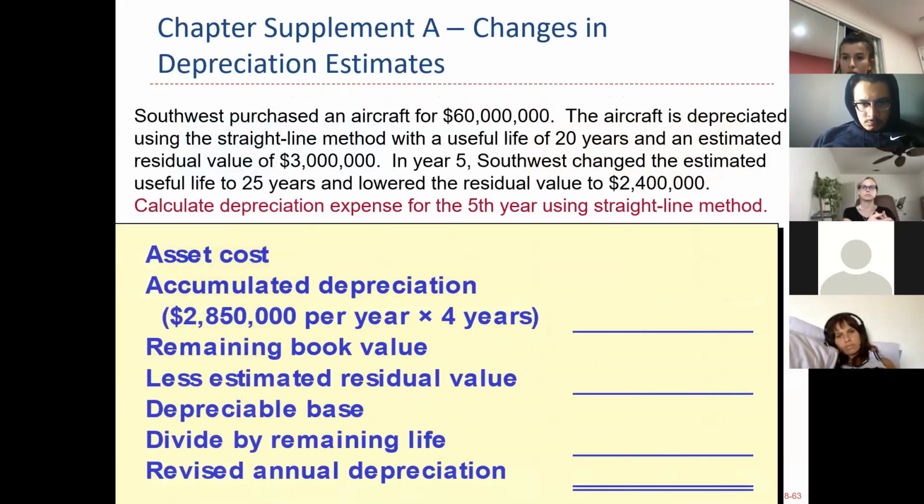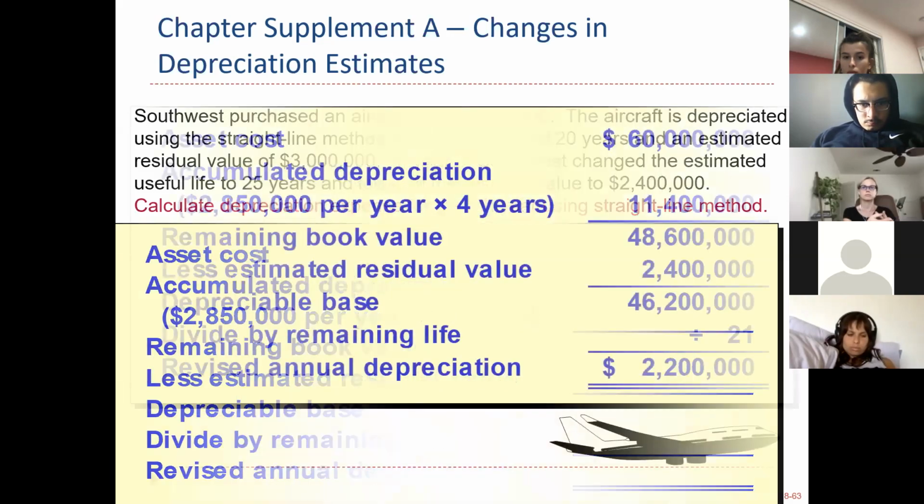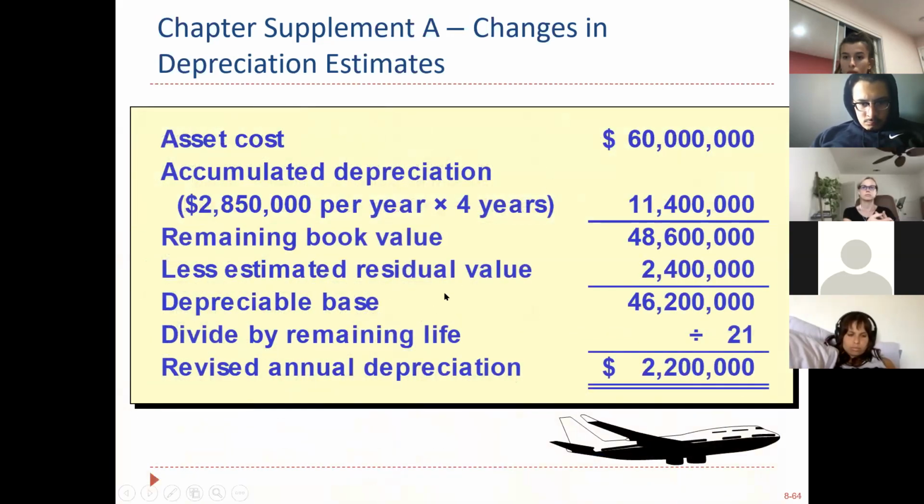So here it is. Purchased an aircraft for $60 million, and we were depreciating it, it looks like, at a rate of $2,850 per year for 4 years. So this change is happening after 4 years. We bought an asset for 60 mil. 4 years worth of accumulated depreciation came to 11.